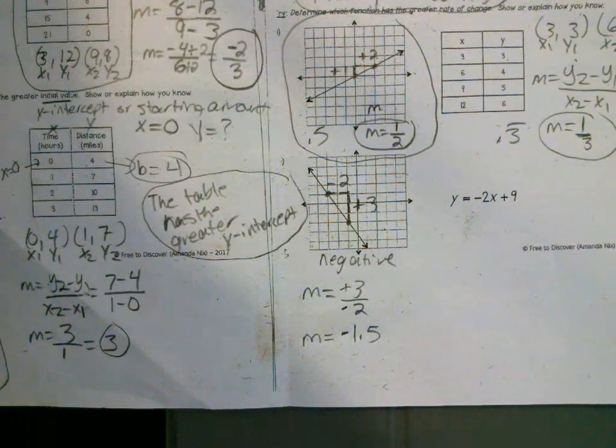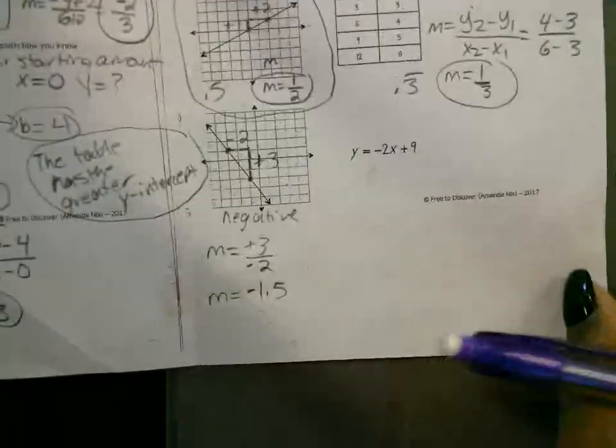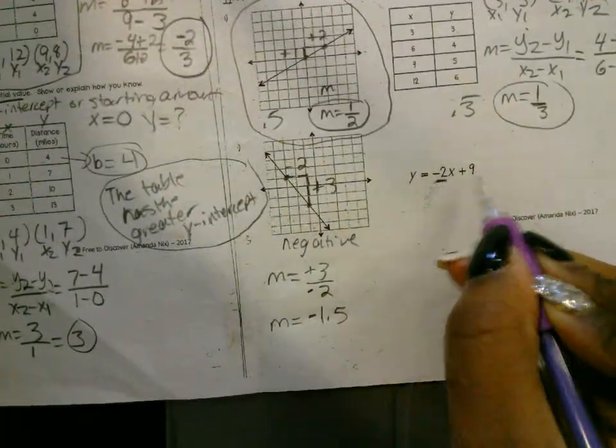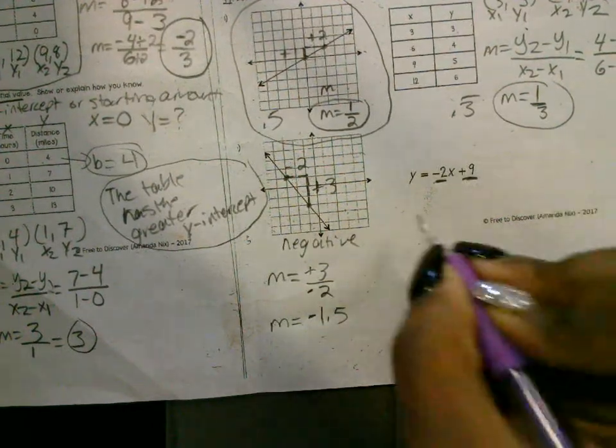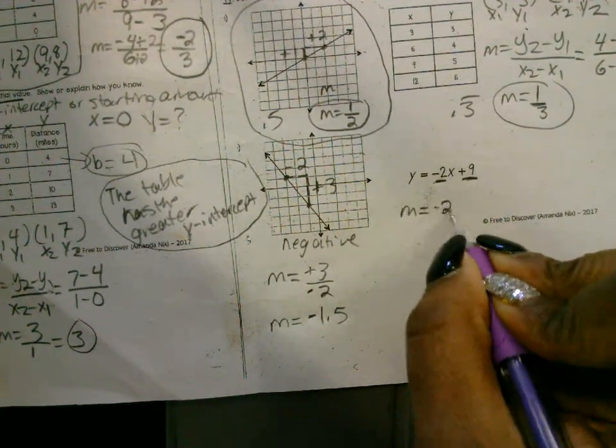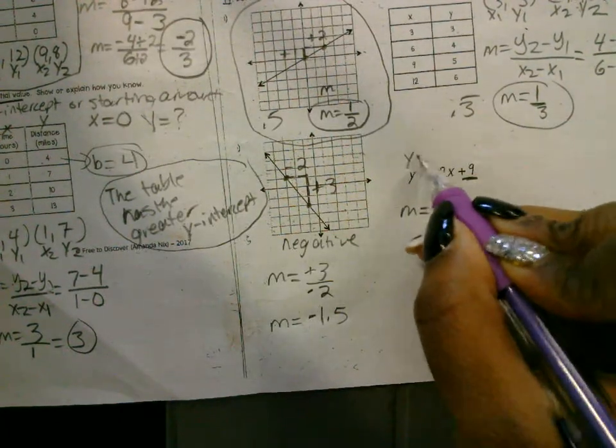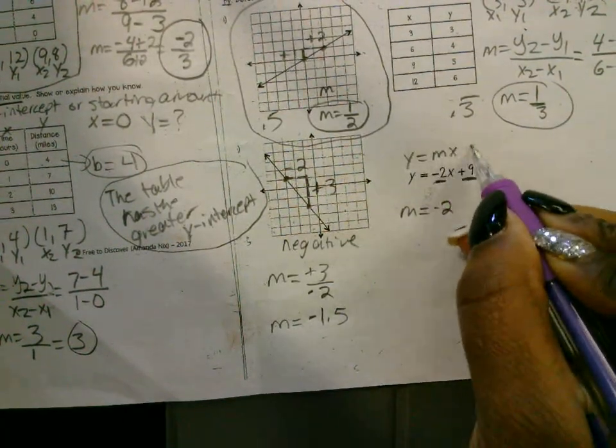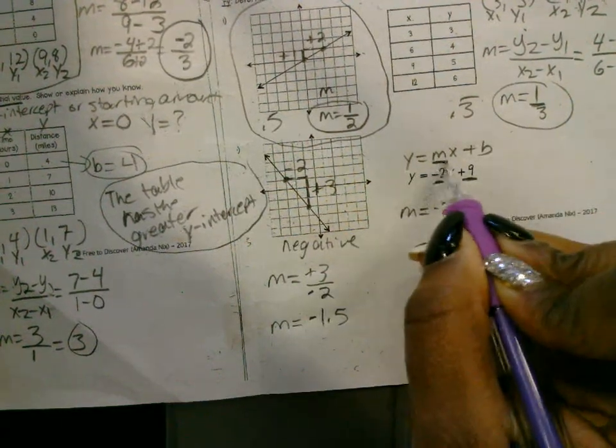Okay. Now let's look at the equation. Which one of these numbers is going to be the slope? The negative 2 or the 9? The negative 2. Please don't forget, when the equation is written in slope-intercept form, the slope is going to be the number that is attached to the x.